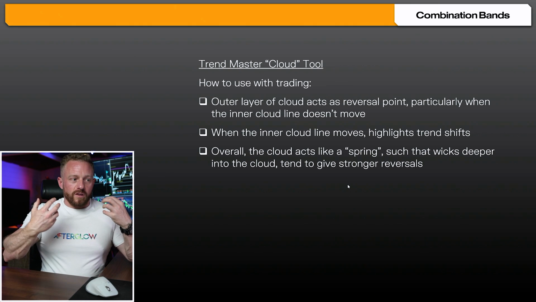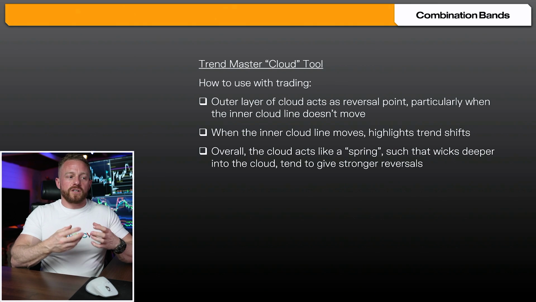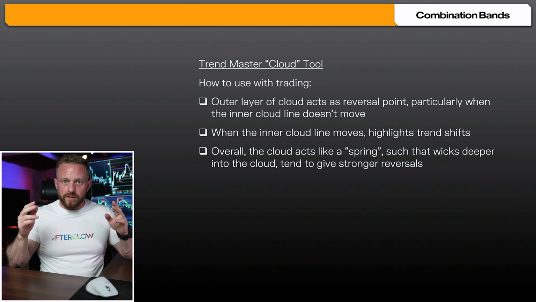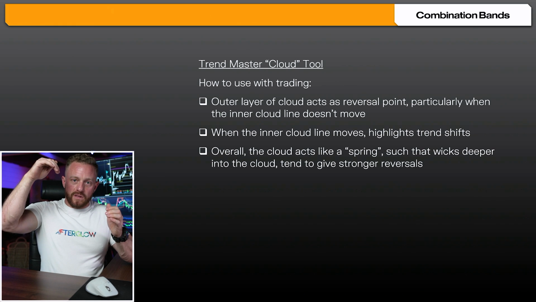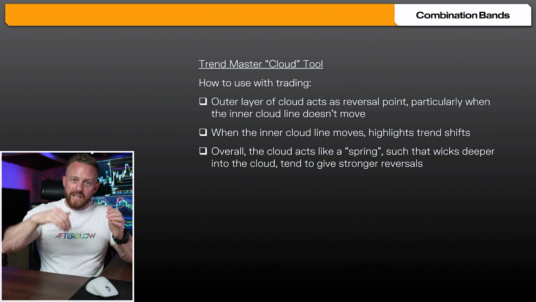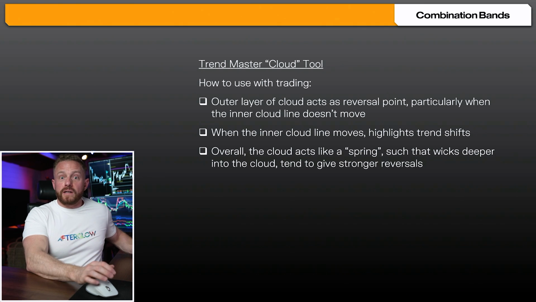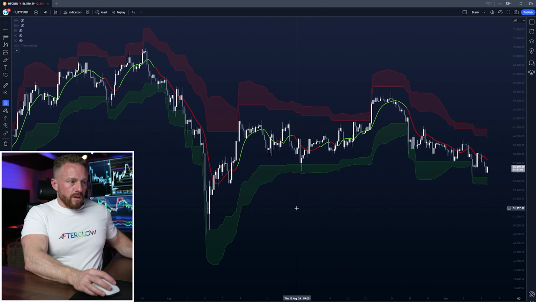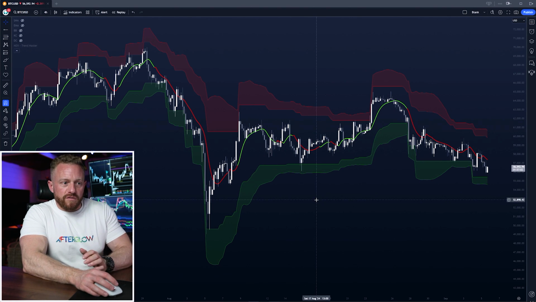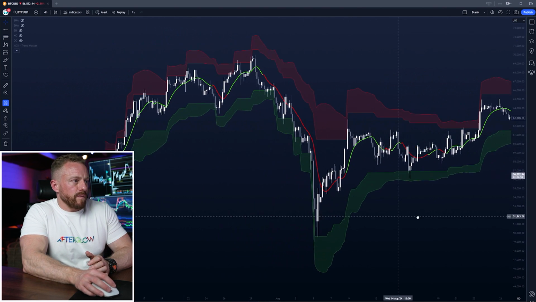The next concept is to think of this combination cloud like a spring. So the deeper that the candles or the wicks go down into the cloud, the more of an aggressive bounce back you're likely to get. So I'll try and find a different example of that.